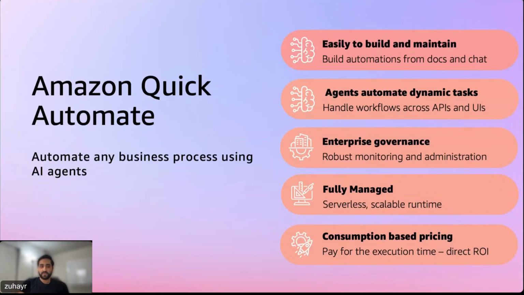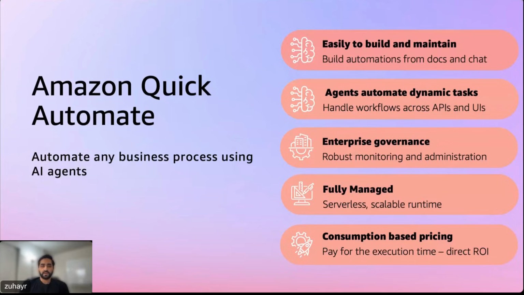Like I mentioned from our previous session in the series, we'll do a quick recap of Amazon Quick Automate, which is the business process automation capability within Amazon Quick Suite. To enable multi-agent automation, you can use a variety of agents within Quick Automate, one being the UI agent that can navigate the web, similarly to how humans do. We also have a custom agent that can make tool calls, write and execute code as well.